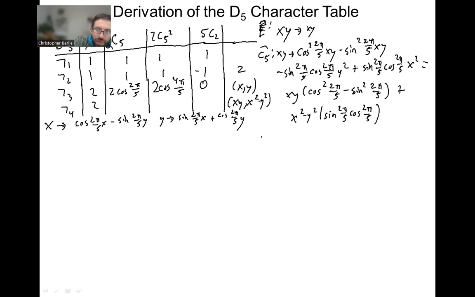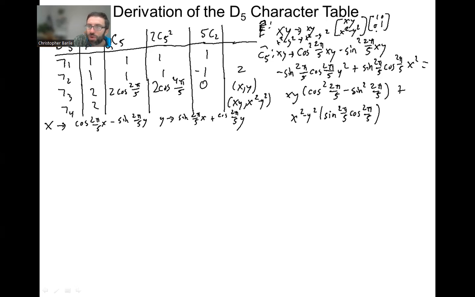So now there's a few things we can do. We know that xy and x squared minus y squared go together. So x squared minus y squared under identity has to be in this portion too. And so we're going to have a 2 by 2 matrix. All these are going to have 2 by 2 matrices. So for identity, that's the identity matrix.